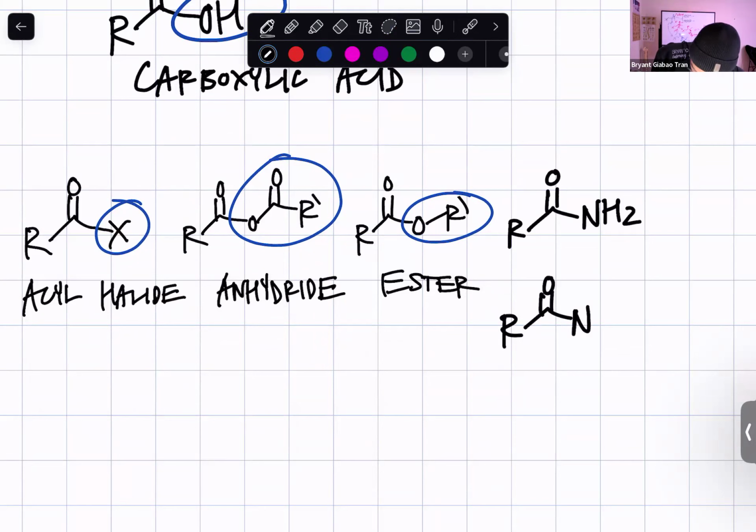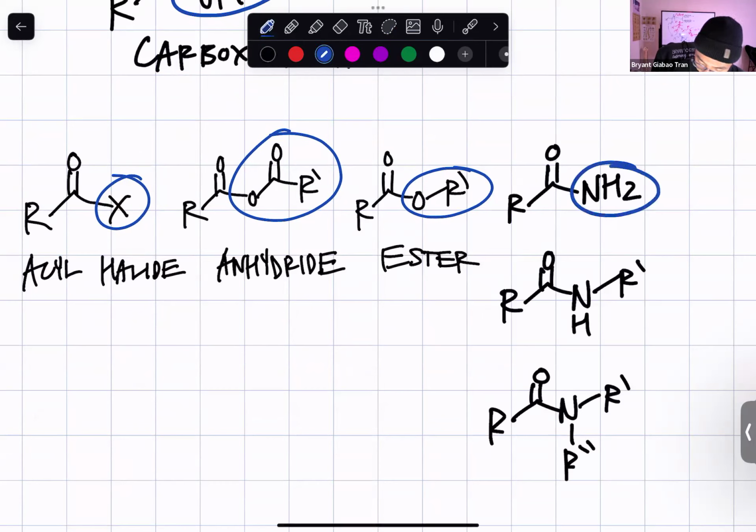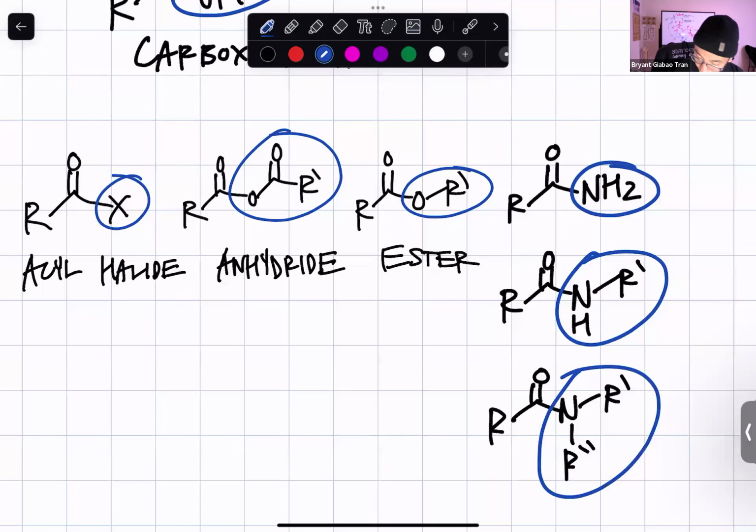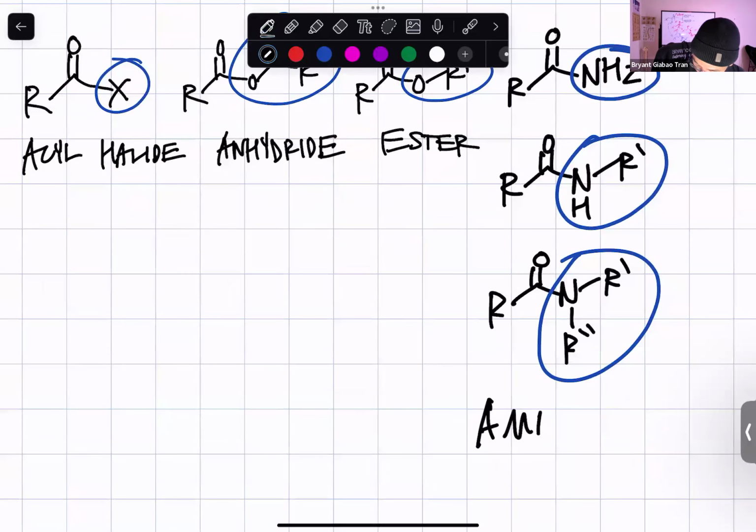You might see a secondary amide with one hydrogen and one R group, or you might see a tertiary amide with no hydrogens and two R groups like this. Right? Where the things replacing the OH are these amine groups to make the amide. These are not amines. Like the R groups, like this variable group is an amine, but because it's next to this acyl group or carbonyl group, that makes it an amide.